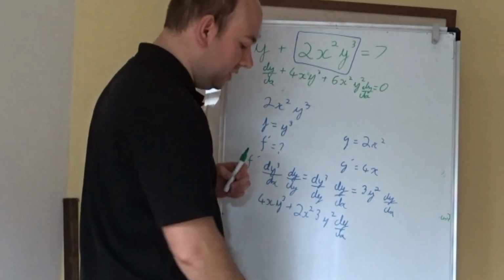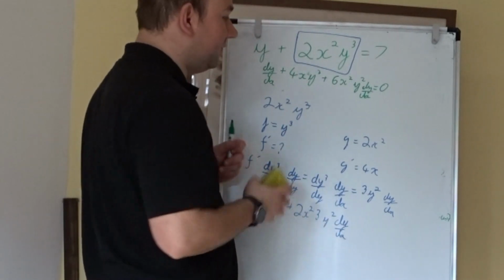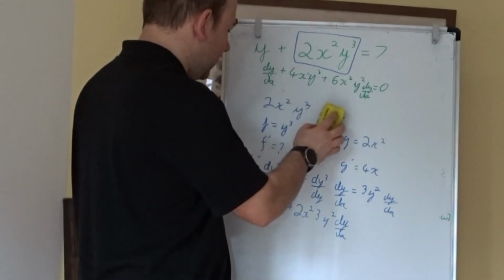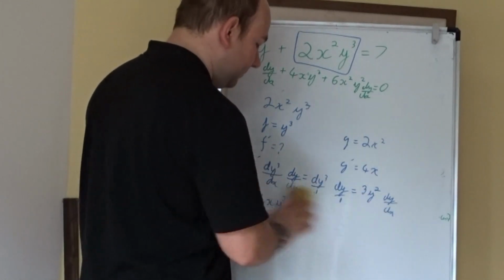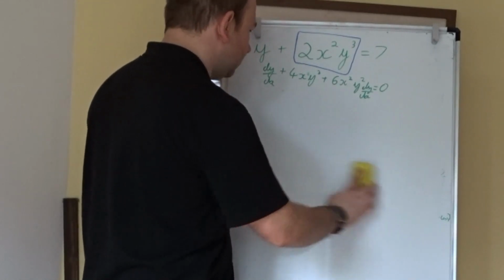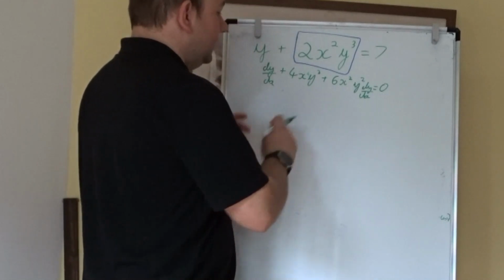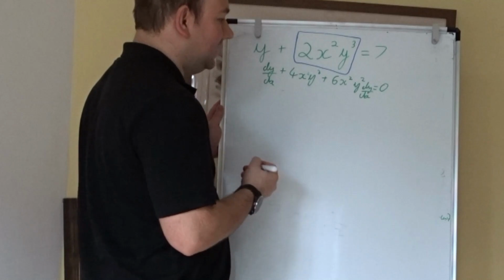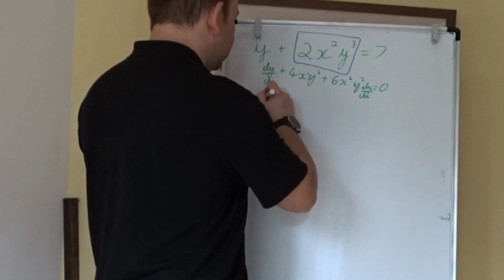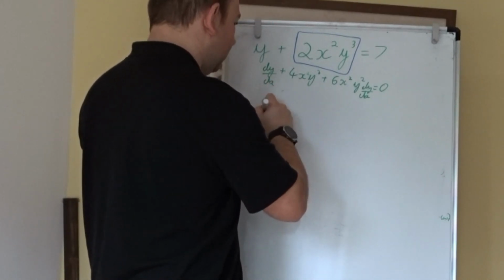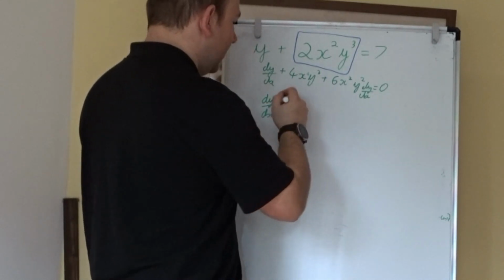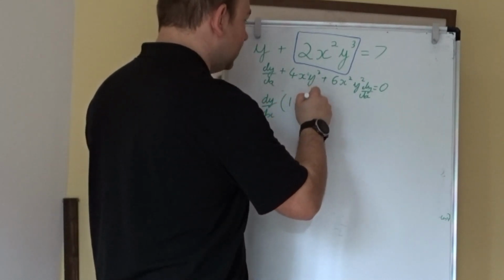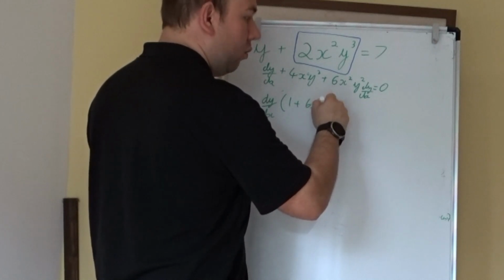So now we have an equation. The question is, can this help us find dy by dx? We have two terms with dy by dx, so I can put that into a bracket. So I can go dy by dx, and then open the bracket: 1 plus 6x squared y squared.